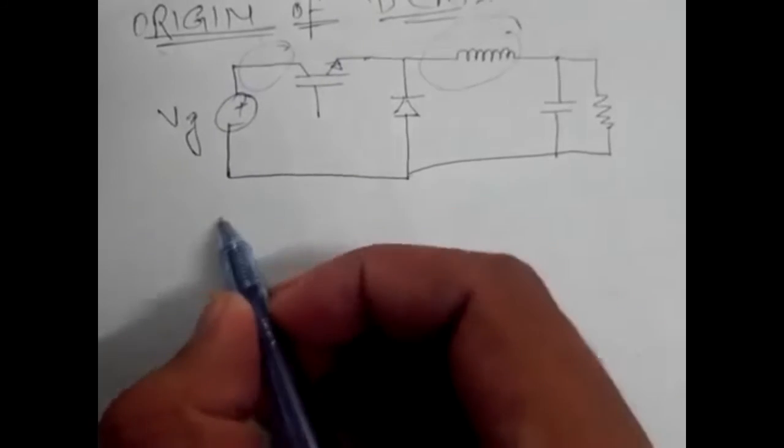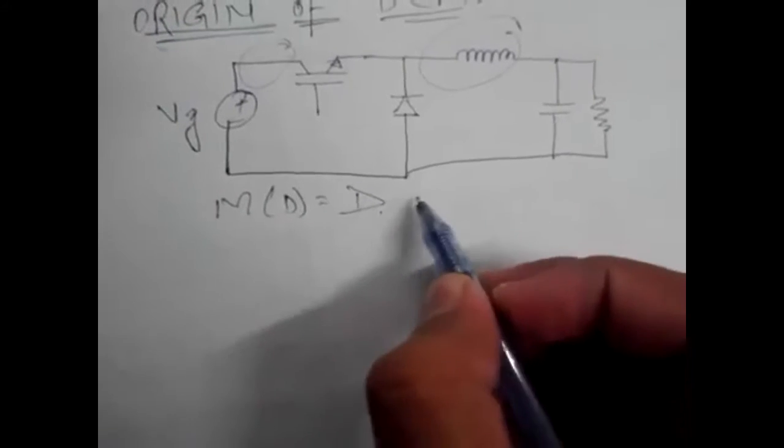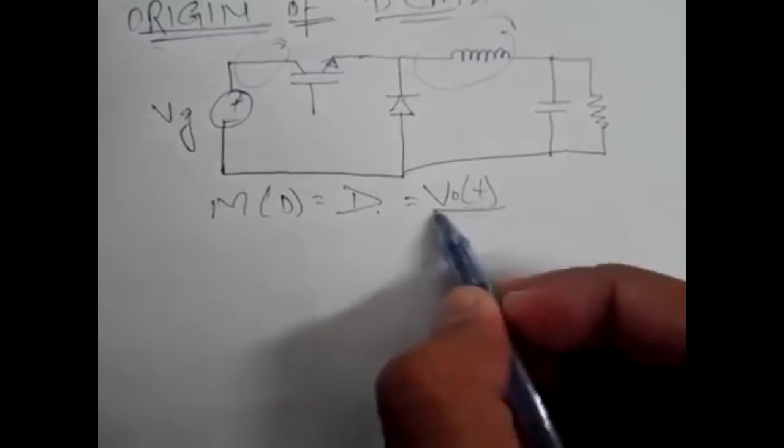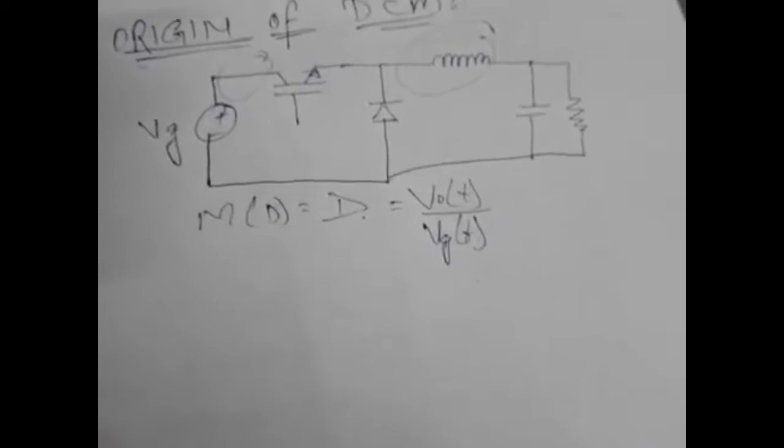So now analyze this circuit for CCM, and in CCM we know that the conversion ratio which we get is equal to D, and it is equal to V0 by Vg, as I already discussed in my previous video.